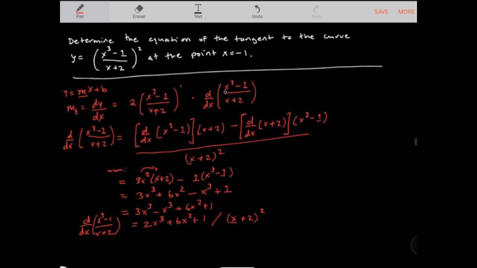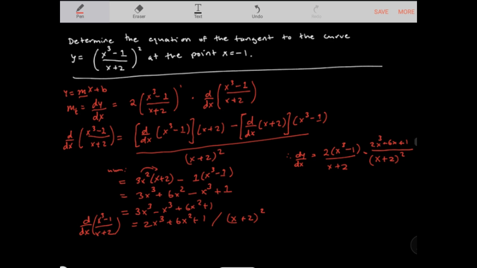Then we want to collect these two together. Therefore dy over dx should be equal to 2 times (x cubed minus 1 over x plus 2) times (2x cubed plus 6x squared plus 1) divided by x plus 2 squared.